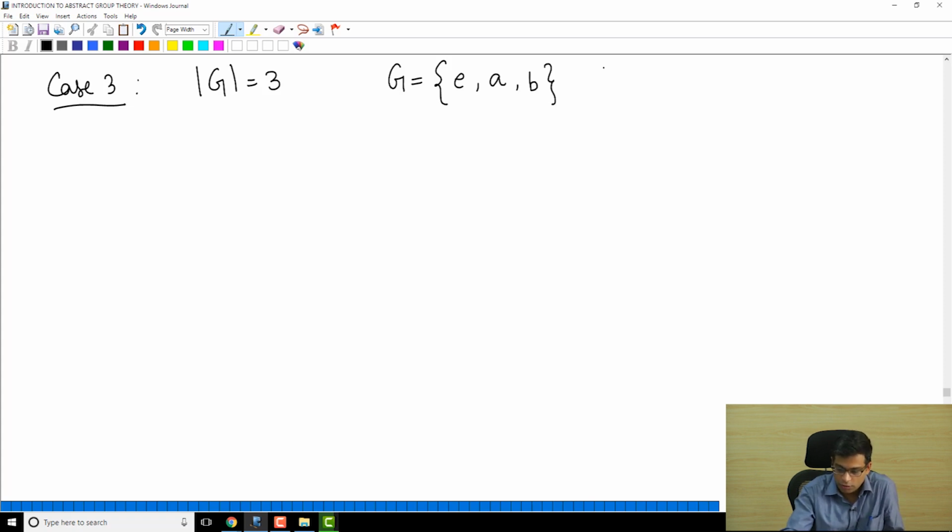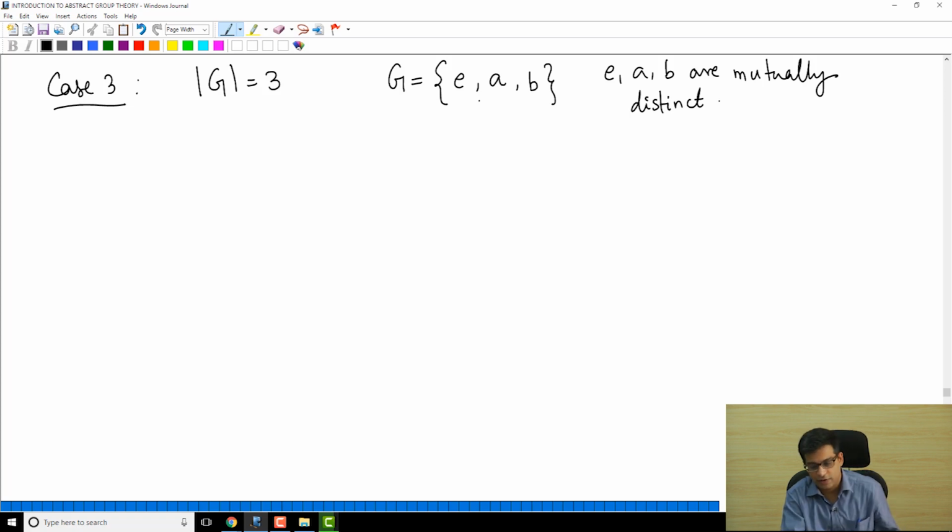So, as before, we have E, A, B are distinct elements. In other words, A is different from E, B is different from E, and A is different from B. G has 3 different elements and I am calling them E, A, B. E is the identity element, A and B are non-identity elements.